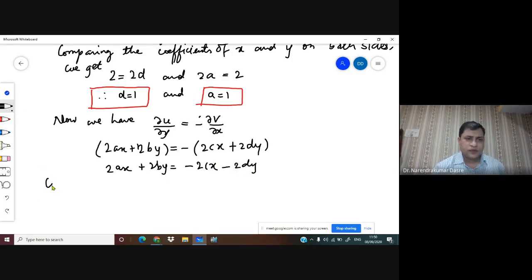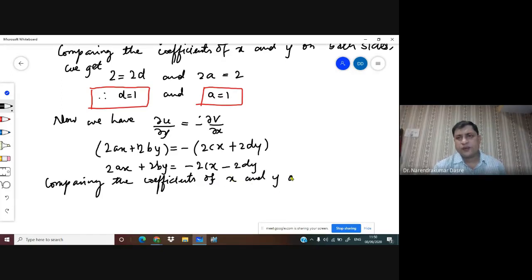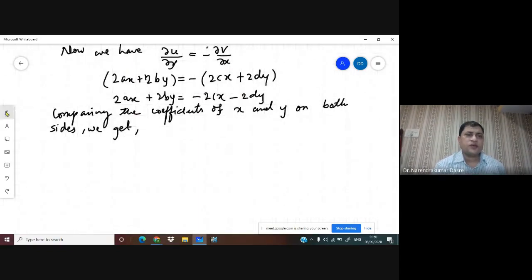Now comparing the coefficients of x and y on both sides, we get the coefficient of x here is 2a, and here the coefficient of x is minus 2c.